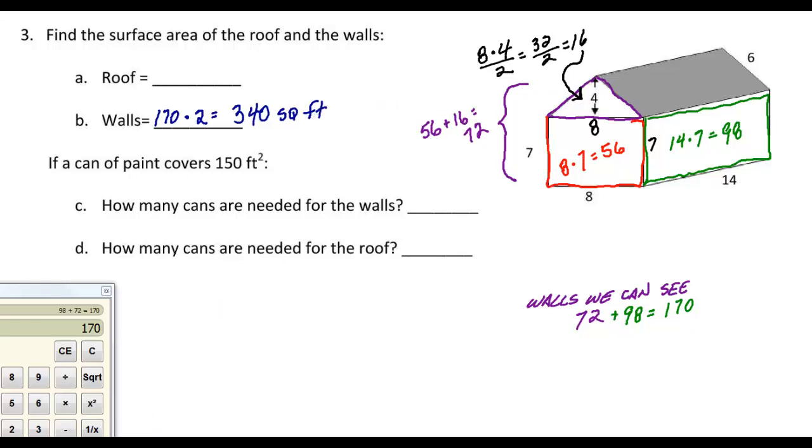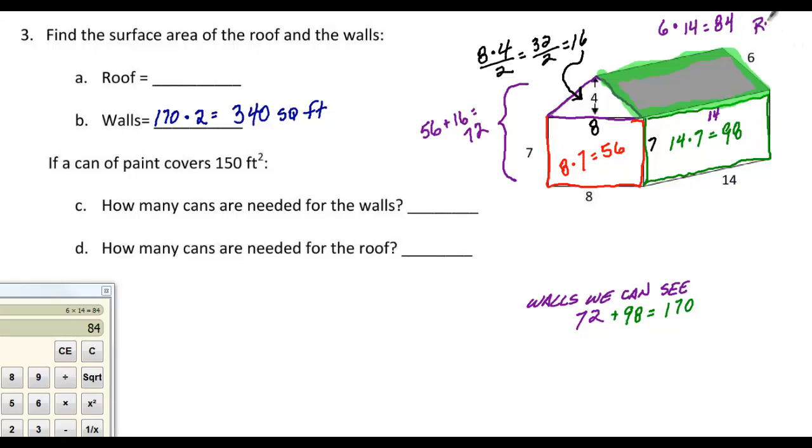So the roof that we can see is right here. And so we are going to be multiplying. We have 6. So 6 times, and then this 14, because 14 would also be the length of that. So 6 times 14. 6 times 14 gives us 84.